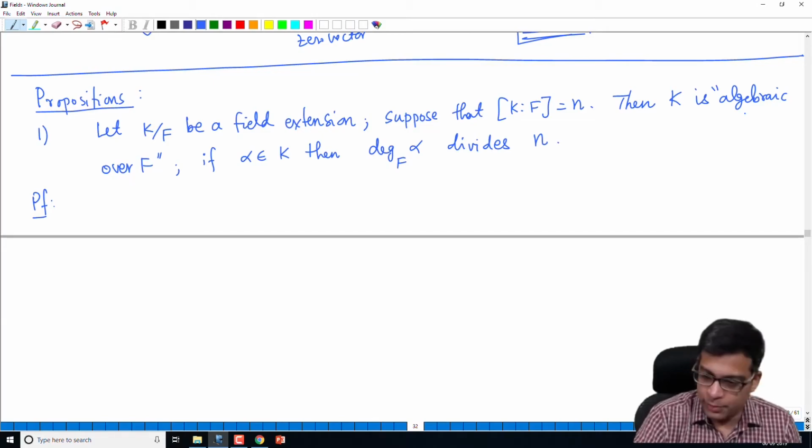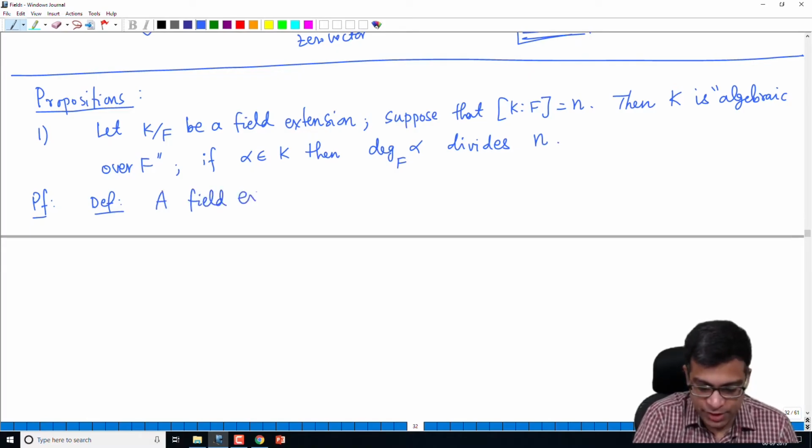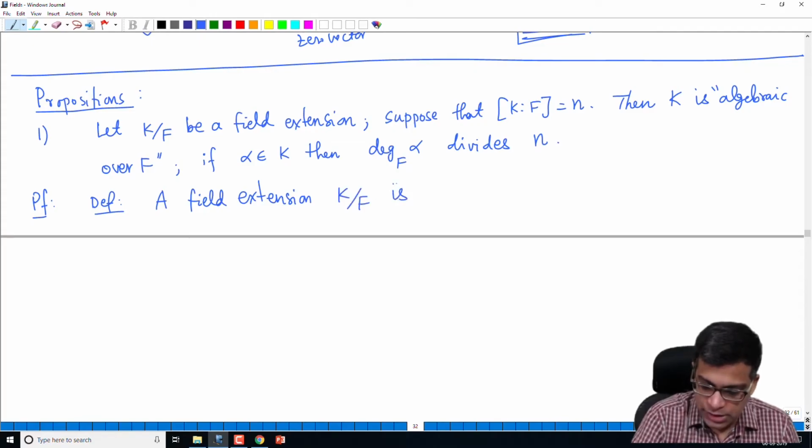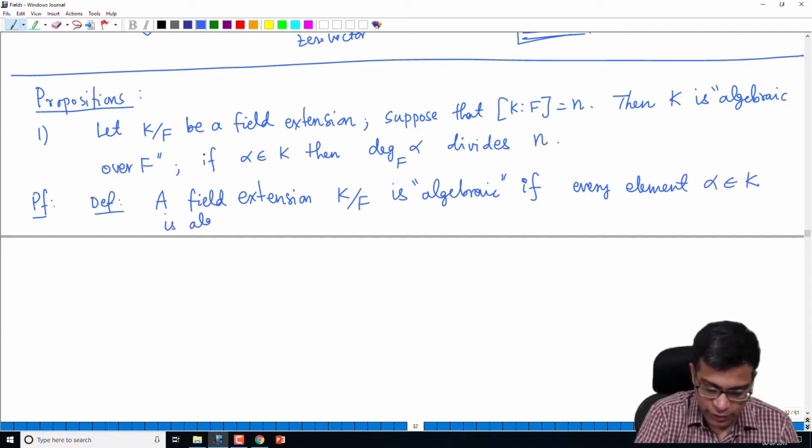So let me first say what is the definition of a field extension being algebraic. It's a very simple definition. A field extension K over F is algebraic if every element of K is algebraic over F. That's all, very simple.